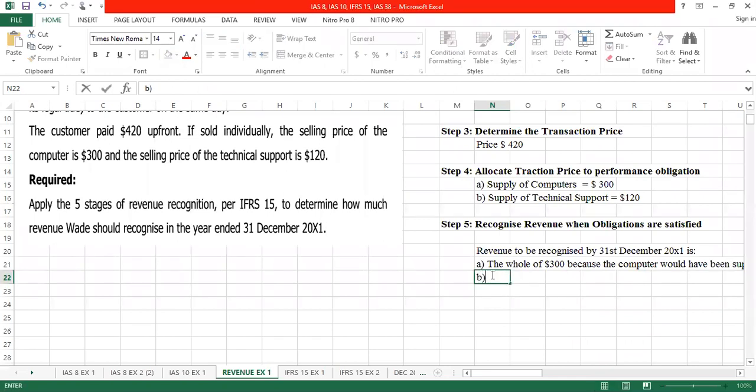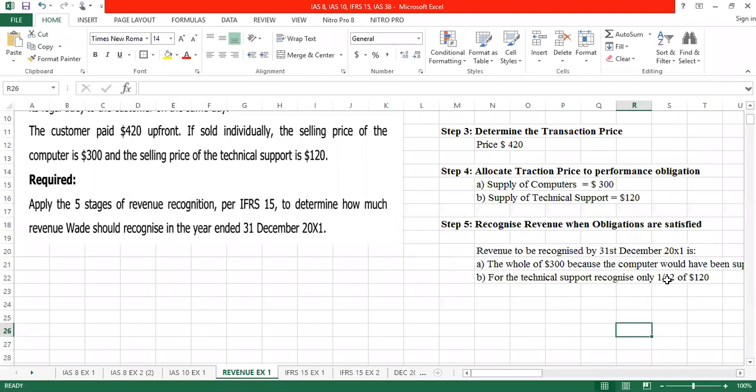Part B, for the technical support, recognize only 1/12. Somebody to help me. Why 1/12? The technical support was to be for 12 months, so 1/12 of what? Of 120. Do you see the way this standard, the introduction part is simple?